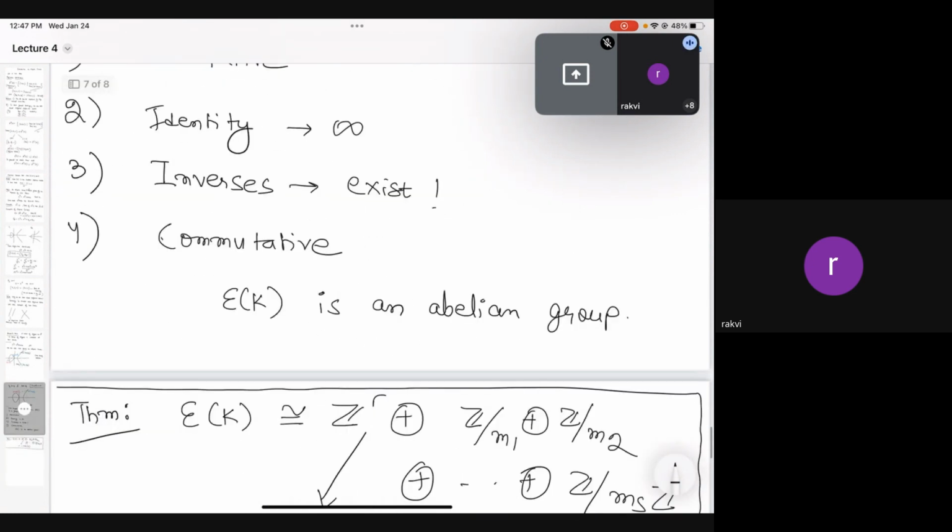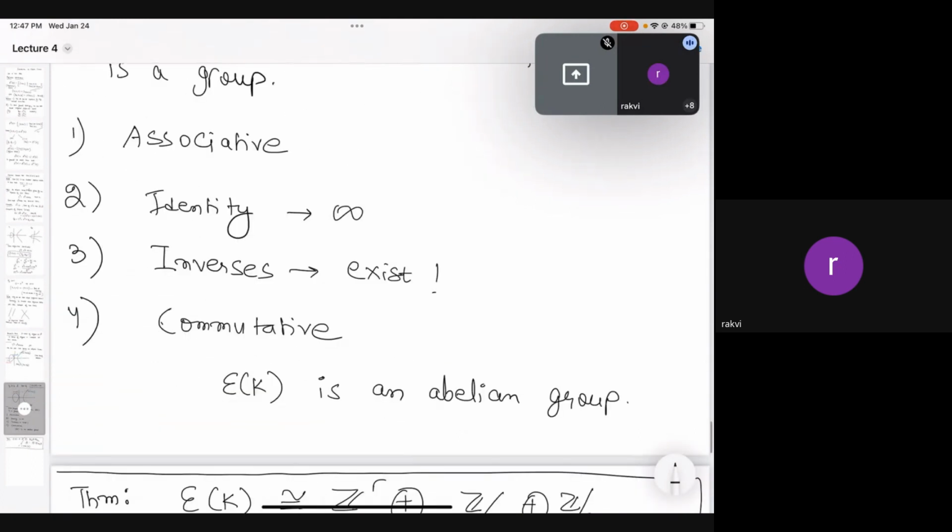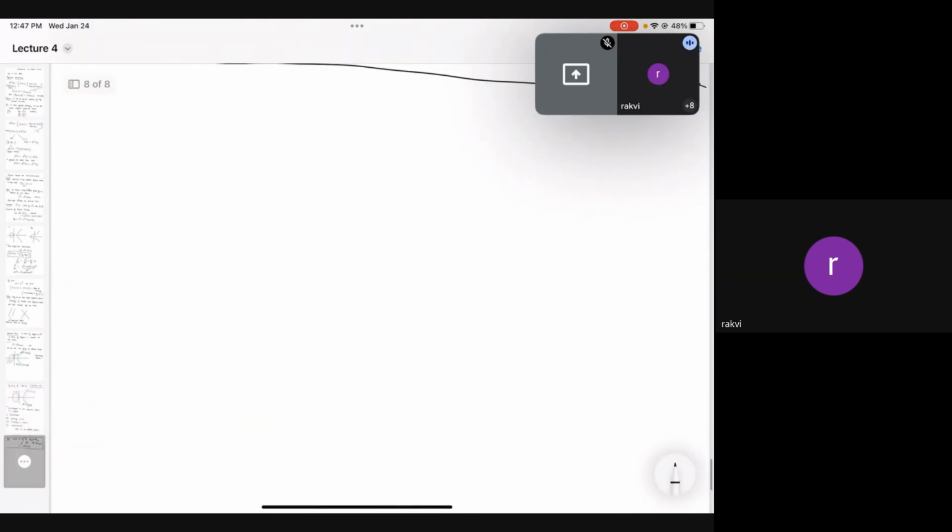Anyway, so this set is an abelian group. We have not yet checked that it's associative, but we can once we see the equations. So let's just see some explicit equations for addition.